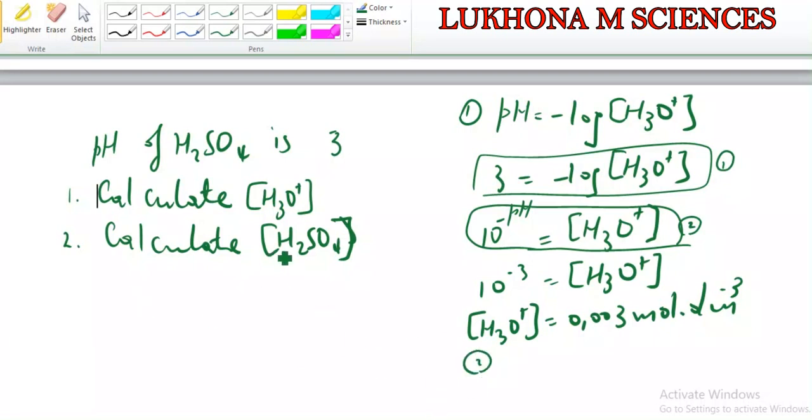Number 2 says calculate the concentration of sulfuric acid from the concentration of H3O+. Sulfuric acid has two protons to donate, meaning that the concentration of H3O+ will be equal to 2 times the concentration of sulfuric acid.